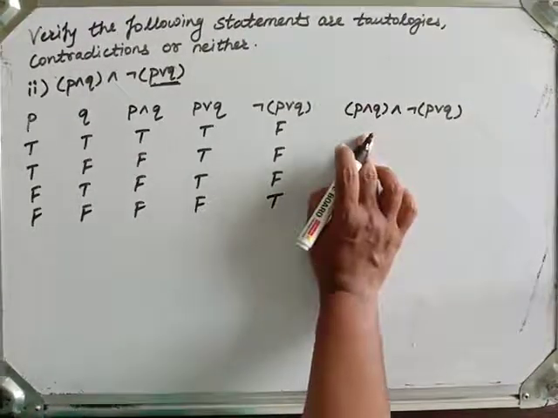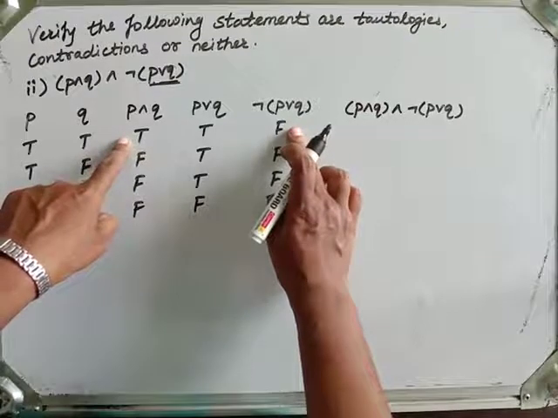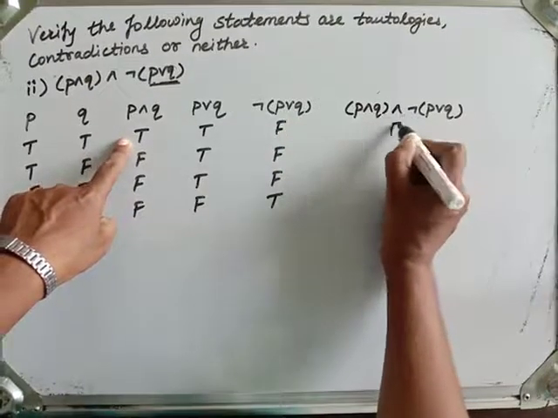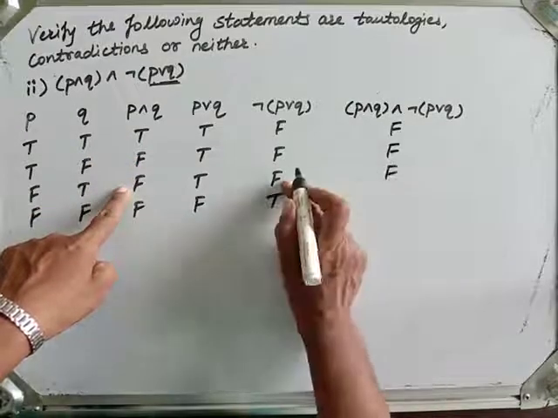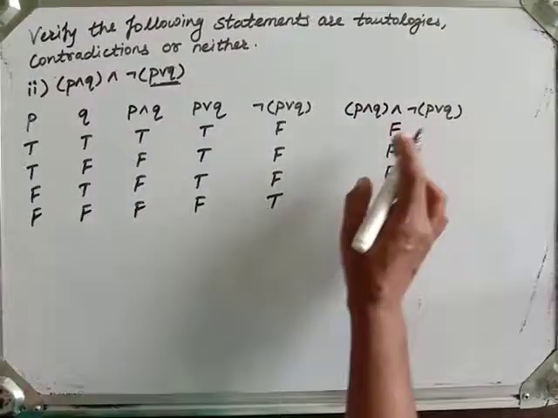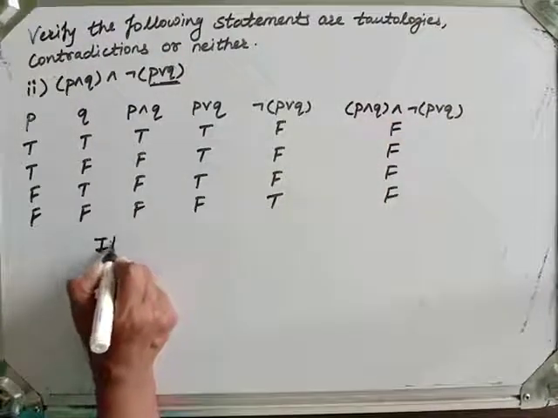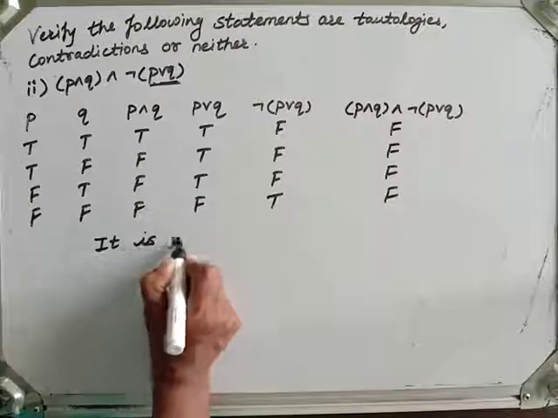Now and between P and Q and negation of P or Q: false, false gives false, again false, false gives false, and false true also gives false. Now all truth values are false, so it is a contradiction.